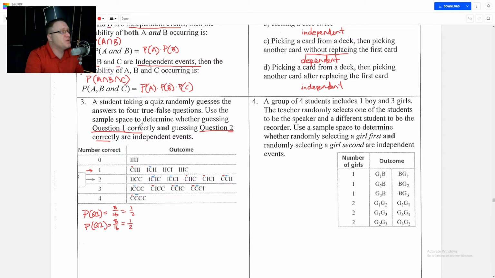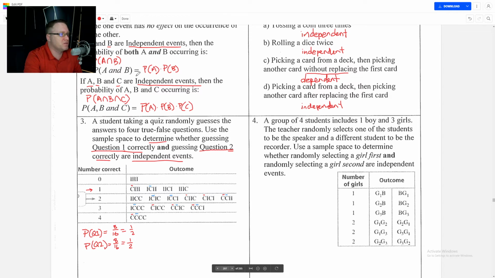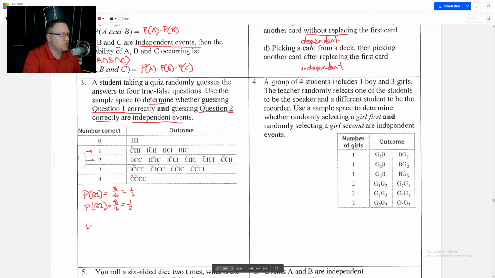We want to use this sample space to determine, are these independent events? Well, the only way we can know if they're independent is if this is true. We want to know what is the probability of getting question 1 correct and getting question 2 correct.